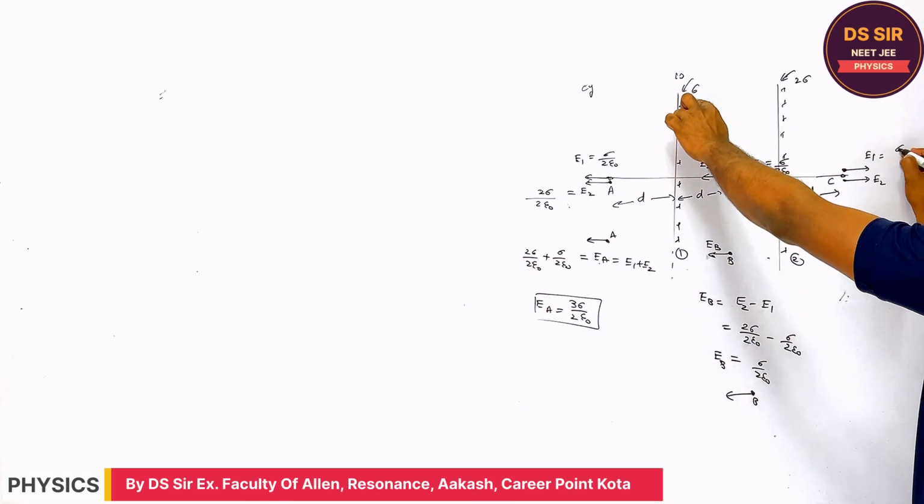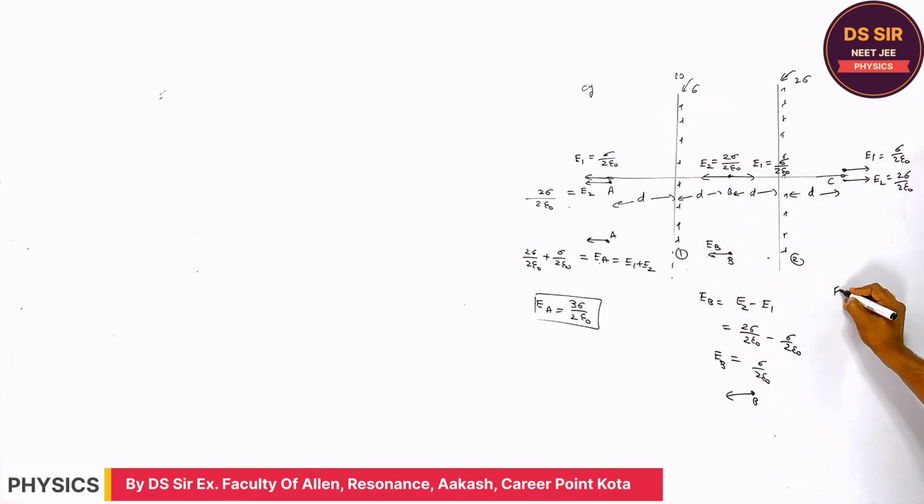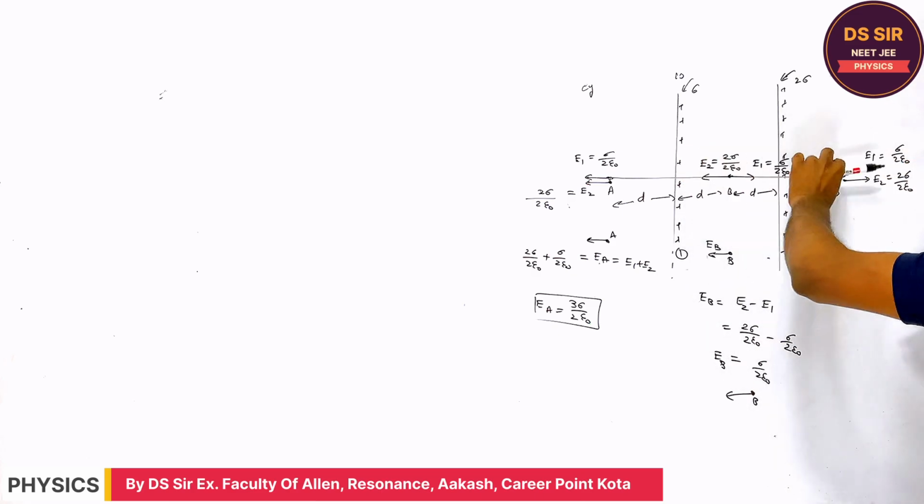This is E2. E1 is sigma upon 2 epsilon naught, and E2 is 2 sigma upon 2 epsilon naught. So the electric field at point C is E1 plus E2, which is sigma upon 2 epsilon naught plus 2 sigma upon 2 epsilon naught. All right.